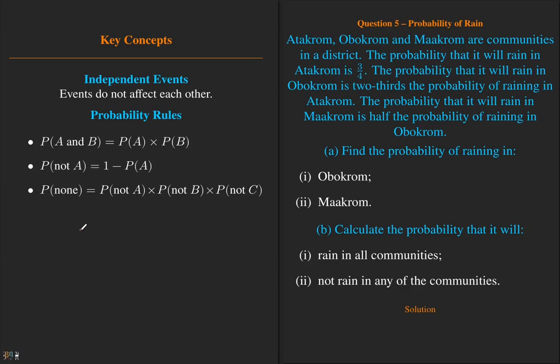We said for AND, what do we do? We multiply. So we multiply all 3 together to find the probability of the 3 events not occurring. With these formulas, let's then solve our question.